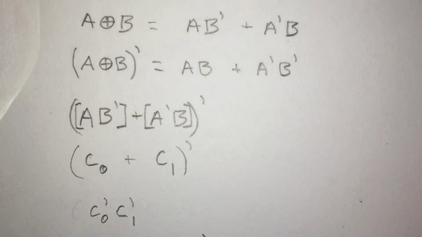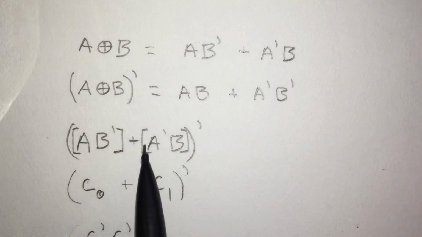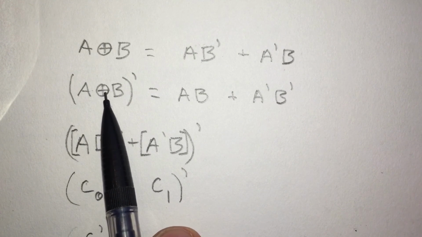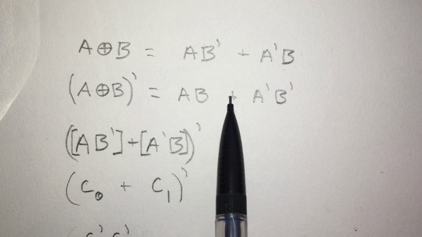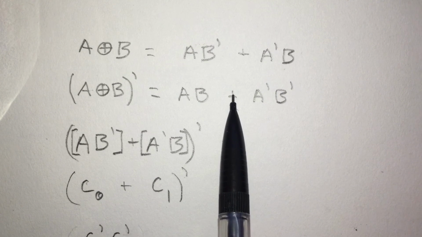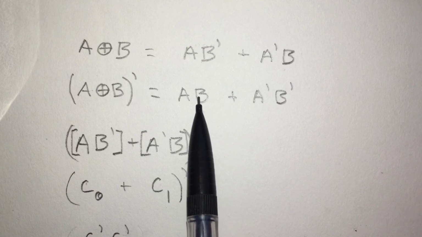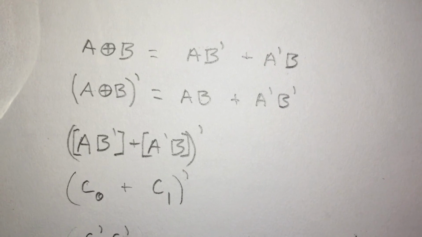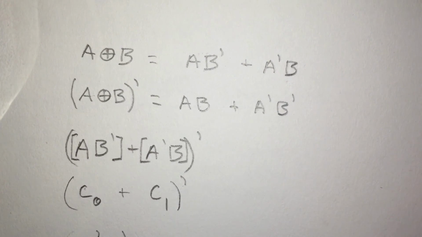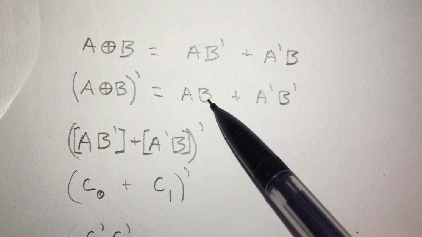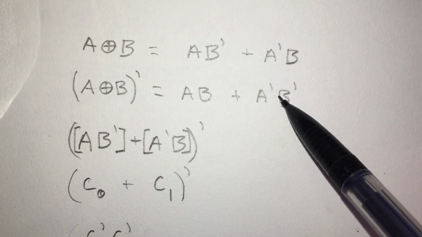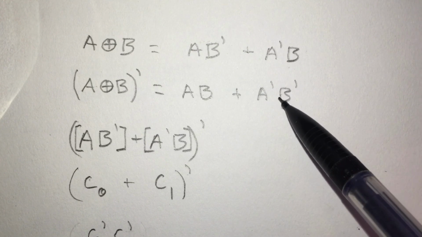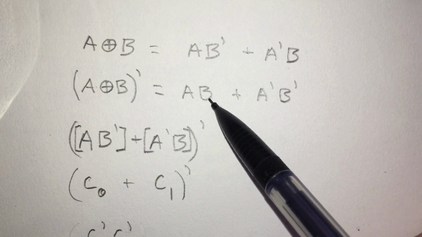And just as requested, we have shown that the negation of an exclusive OR is a condition where the two input variables have to be the same. That is, they can both be 0, or they can both be 1.